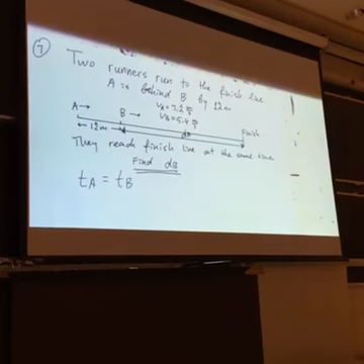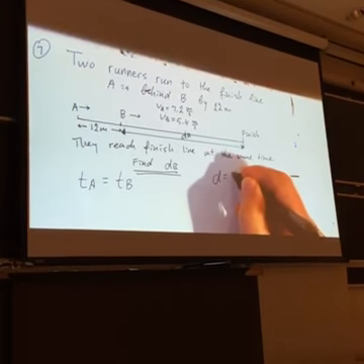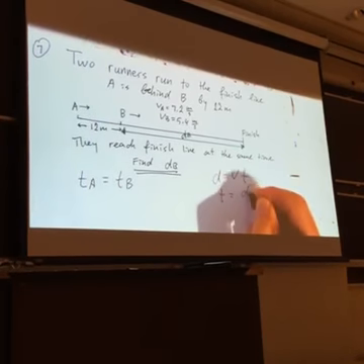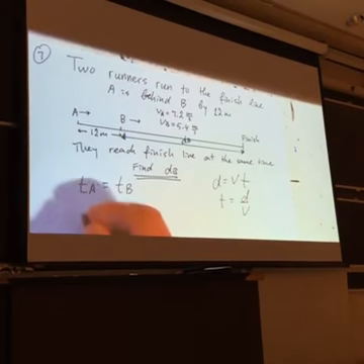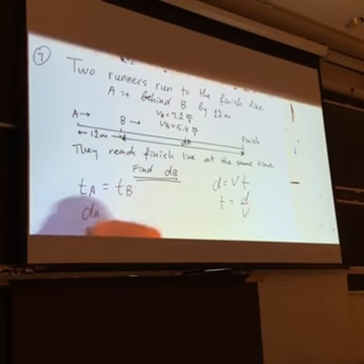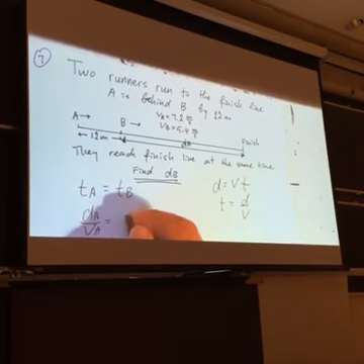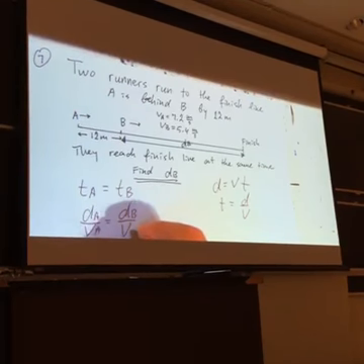And then we know that for each, the generic formula is distance equals velocity times time, and from here time is distance divided by velocity. Now we can write for each of them: distance of A from the finish divided by vA equals distance of B divided by vB.